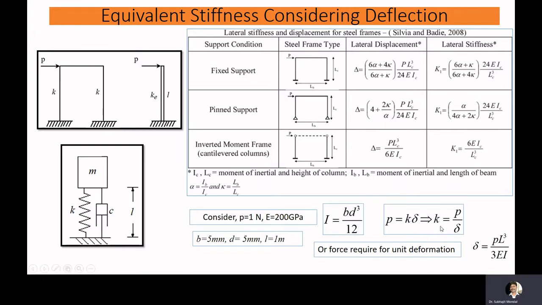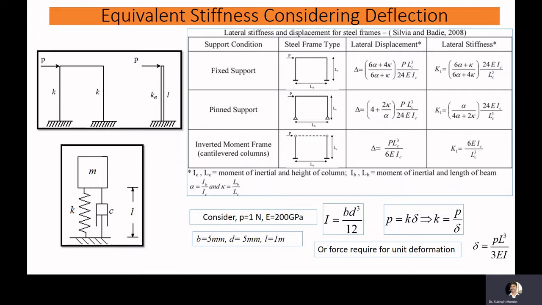So if we know how much displacement is coming, and how much P is acting there, then we can calculate the stiffness as P by delta. We know that force is equal to K into delta, so stiffness will be P by delta.